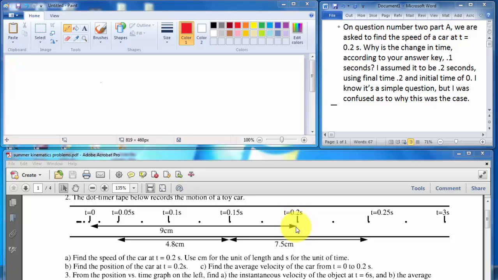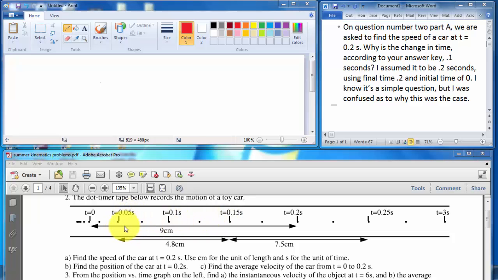Now Matthew, if you use time equals 0 to time 0.2, you have measured over this entire time interval right here. Okay, let's take a look at these dots here for a second, because they're showing us a picture. These dots are all representing the same time interval. So the same amount of time has gone by between each one of these dots, and it's 0.05 seconds.